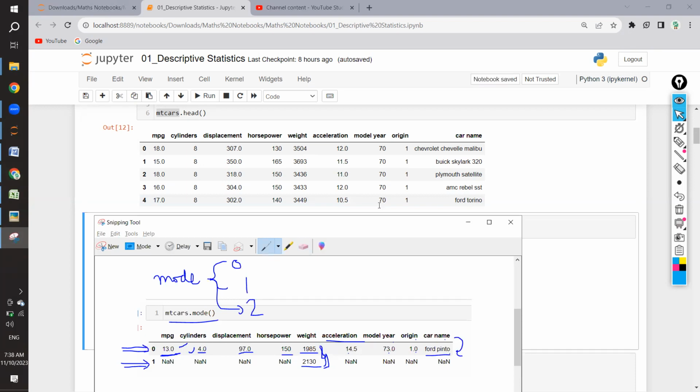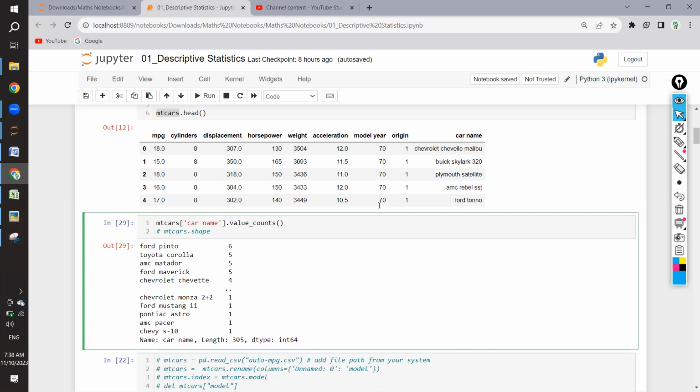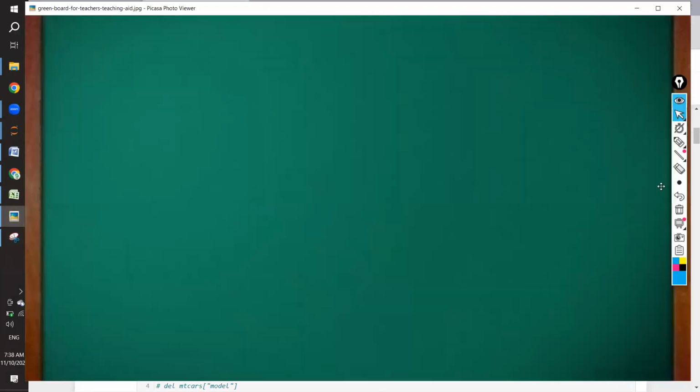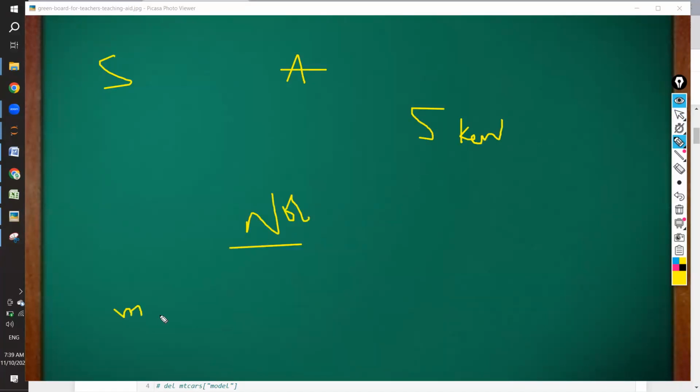So that's all I would like to cover today. I hope you understood these new, important concepts. Try to give them a reading, as this is the foundation for your future classes. We covered symmetric and asymmetric distributions, skewness, normal distribution, mean, median, mode practically, and how to find them on a given data frame.